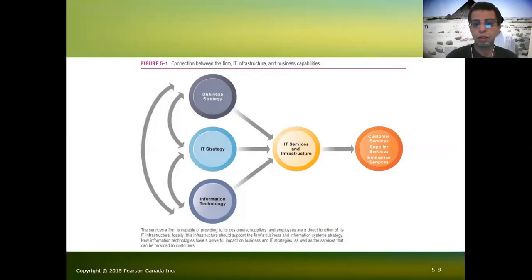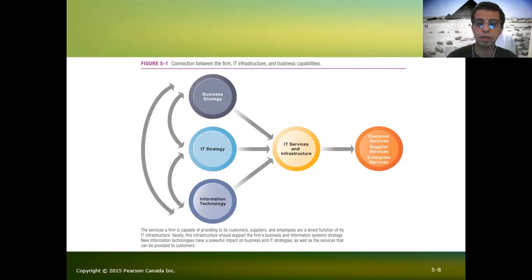But overall, regarding the connection between the firm's IT infrastructure and business capabilities, we talked about it also in the business strategy. Like we brought an example of a big ship, and a big ship has to coordinate everything together in order to succeed from point A to B. So there is a business strategy plan for a company, and that influences the IT strategy, because the IT strategy will help the company accomplish its goals.